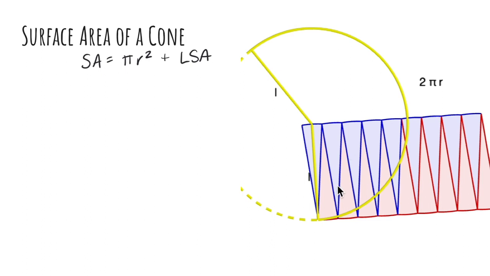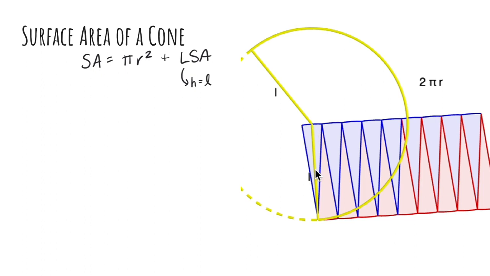Now, looking at this parallelogram that we've created, we know that if we increase the number of wedges, it starts to equal a rectangle. That rectangle has a height that is equal to the radius of our lateral edge. It's L. It's not the same as the radius of the bottom circle because this is that expanded circle.